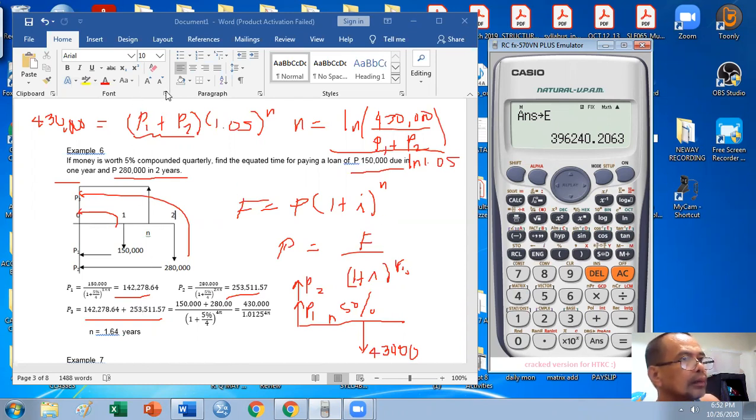Yung dalawa, yan. Itong value na to is stored into E. So, therefore, yung n mo here is just ln of E divided by, no, 430,000 pala. ln of 430,000 divided by E, then divided by ln of 1.05.